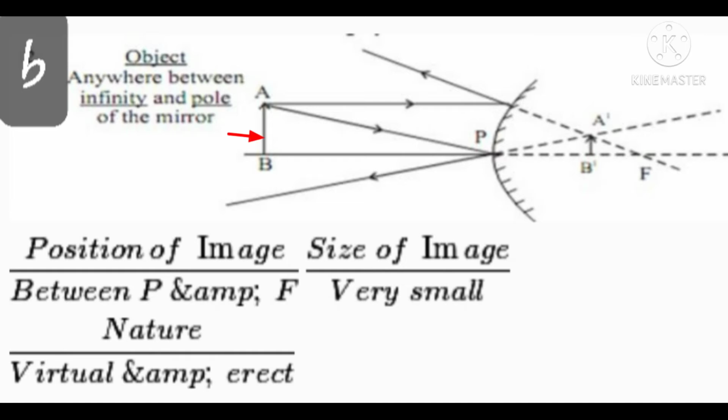Here this AB is the object, placed between infinity and the pole. At that time also we get the image between P and F, behind the mirror, on the back side. The image is diminished, a small image forms. The nature of the image is virtual and erect, which cannot be obtained on the screen. That means for the convex mirror we consider only these two positions.